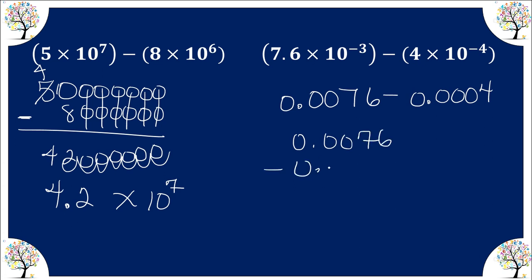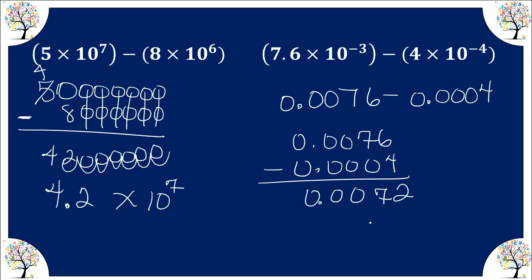Line up your decimals. 6 minus 4 is 2. 7 minus 0 is 7. Our coefficient is 7.2 times 10 to the 1, 2, 3, negative 3, because our number was small. So I hope this helps.